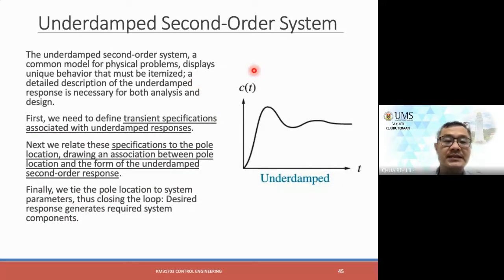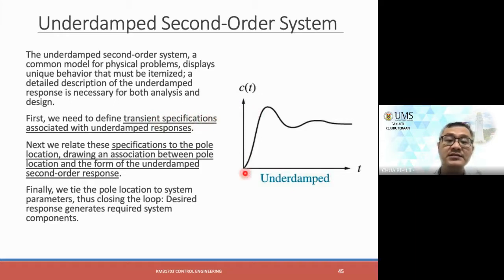Next would be the underdamped second order system. This is where we would like to further understand how the systems behave for a second order system when there is an overshoot itself. First we need to define the so-called transient specifications.